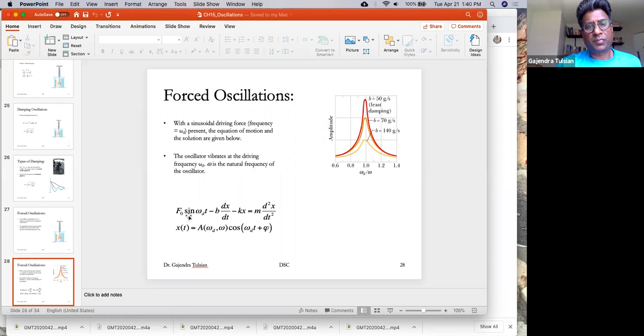You're pushing, and what we're going to model is a sinusoidal force, F naught sine, the subscript D telling you it's a driving force, the driving frequency. Here's the friction force. Here's the spring force.